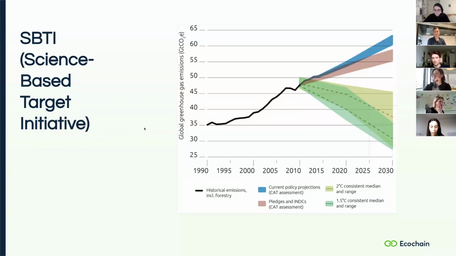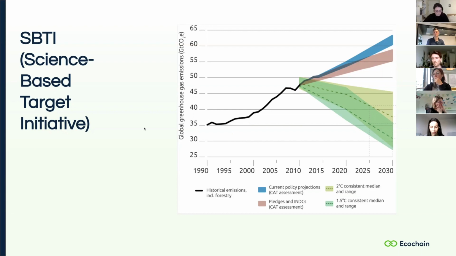I think most of you are aware of the Intergovernmental Panel on Climate Change, the IPCC. The IPCC has prepared a couple of scenarios, a 1.5 degree climate change scenario or a 2 degree climate change scenario. And the IPCC has predictions available.